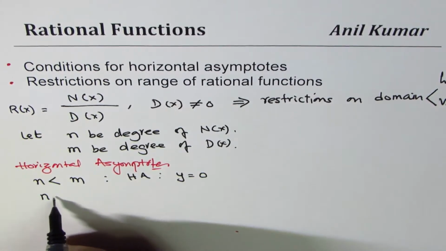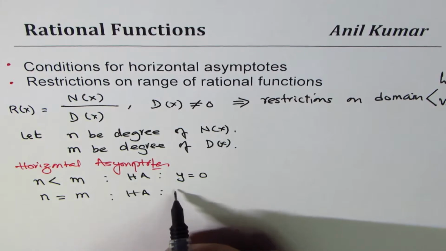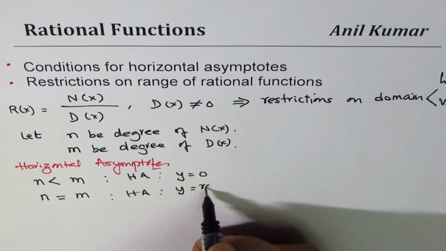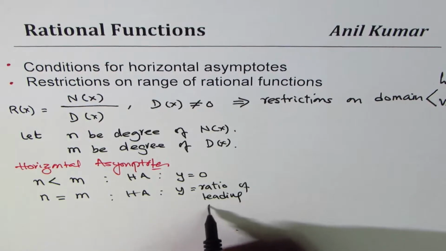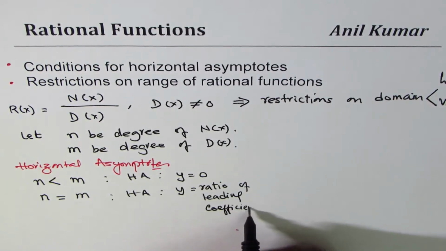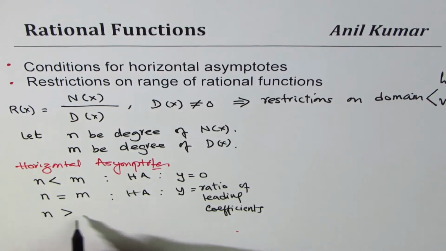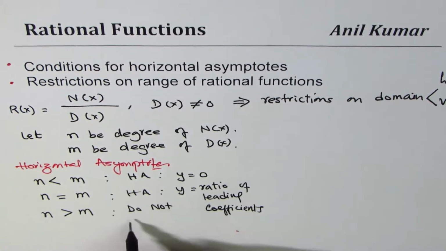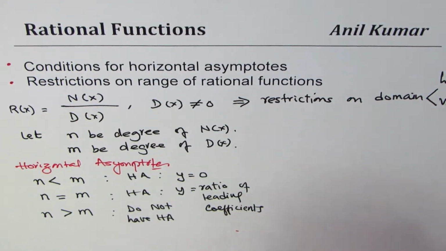If the numerator degree is equal to the degree of the denominator, then we have a horizontal asymptote whose value is the ratio of leading coefficients of numerator and denominator. And if the degree of numerator is greater than that of the denominator, then we do not have a horizontal asymptote. So these are three basic conditions.